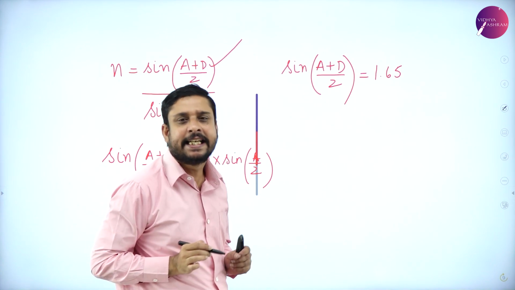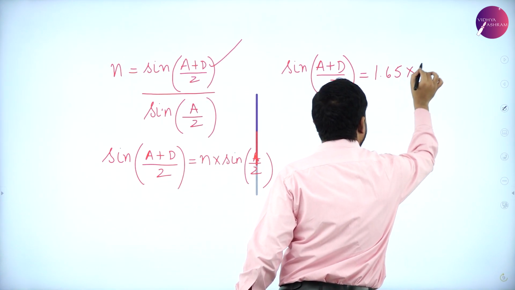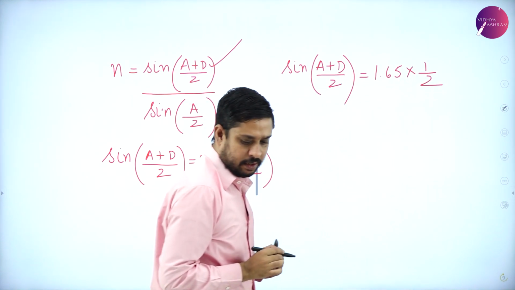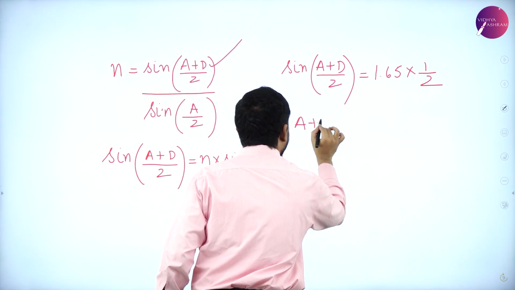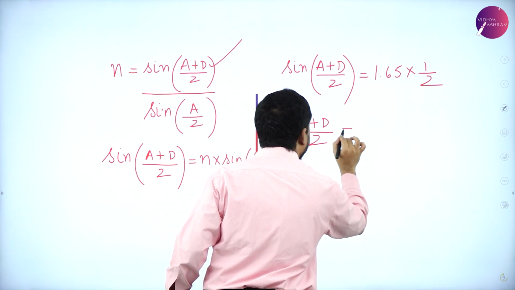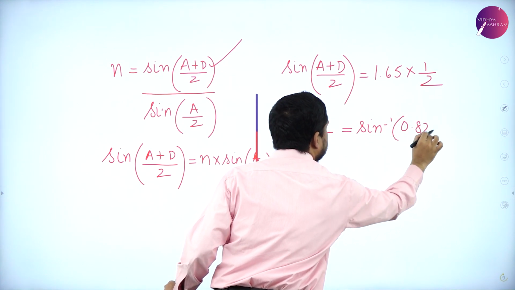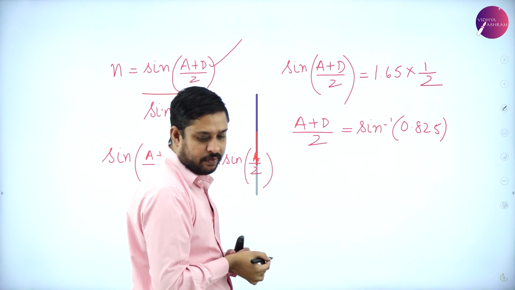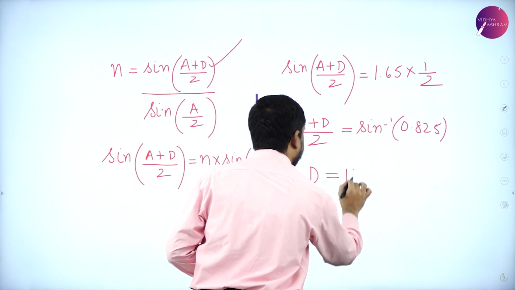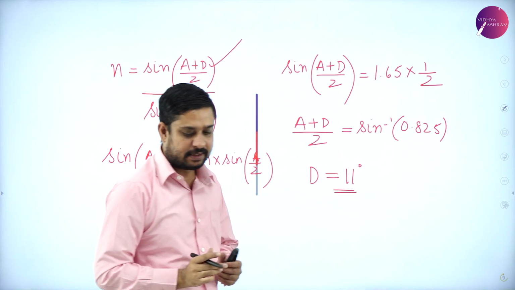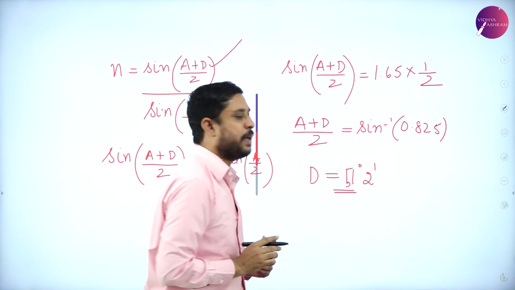A is 60 degrees. 60 by 2 is 30. So this is half. So 0.825. So (A plus D) by 2 is sin inverse 0.825. And on calculation, D turns out to be nearly 11 degrees. Sorry, so it turns out to be 51 degrees, 2 minutes.